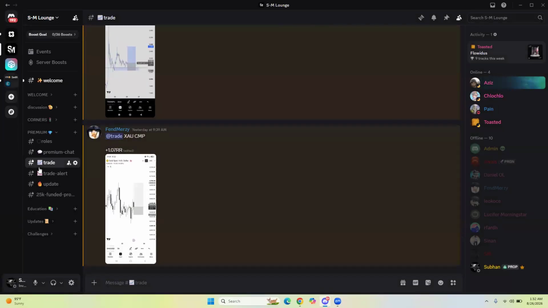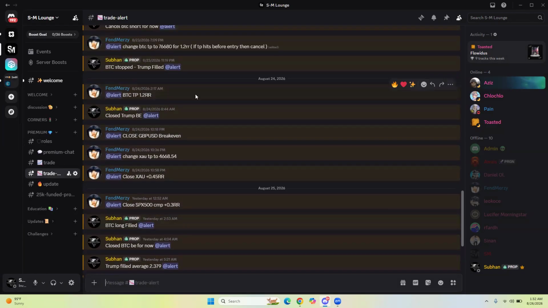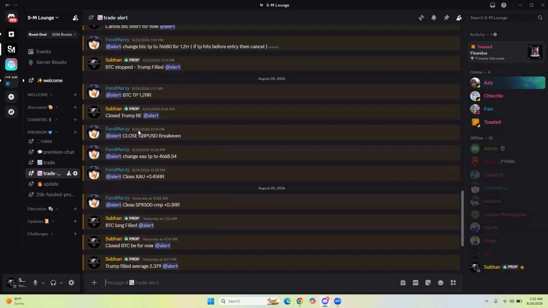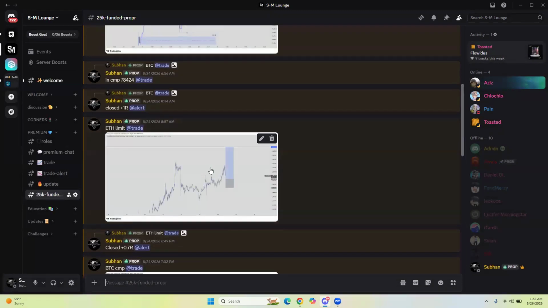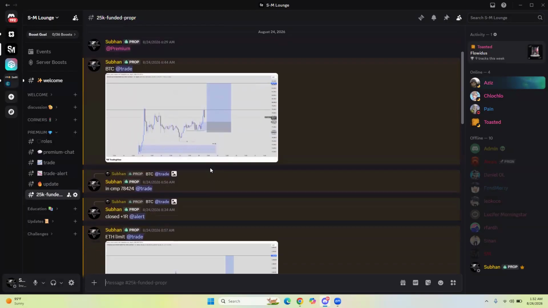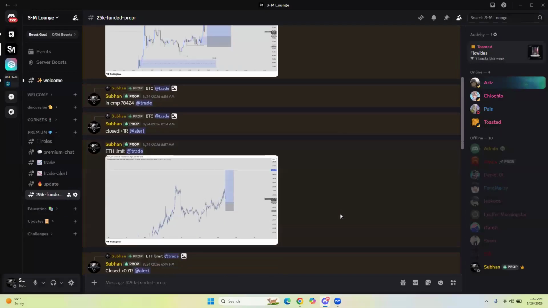Overall, we are going very good. Omar is doing really great here. 1.2R TP, then again 0.5R, 1.2R, and I am focused on 25K. We have bought from Proper this funded account, and we started trading it with 1% standard risk.